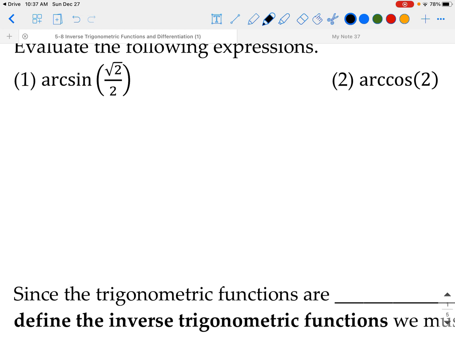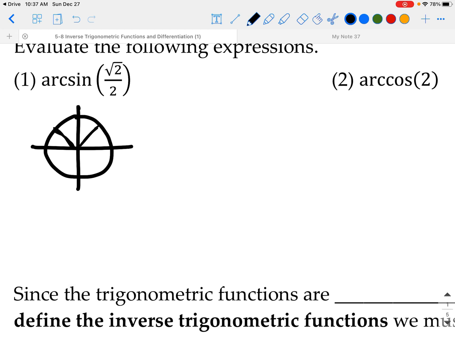If we are thinking of all possible values, we could picture our unit circle, and rad 2 over 2 is going to occur at those 45-degree angles in the first and second quadrants only.